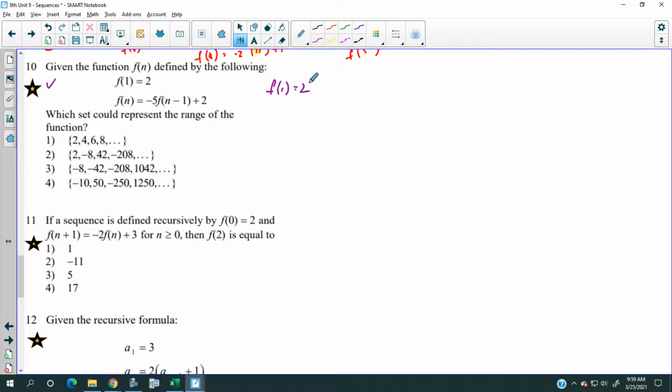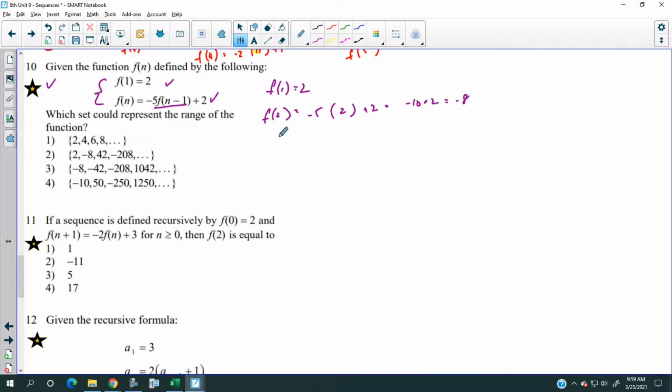F of 1 is 2, and this is the second equation. So the first one is 2. The second one is negative 5 times the term before that, which is 2, plus 2. Negative 10 plus 2 is negative 8.